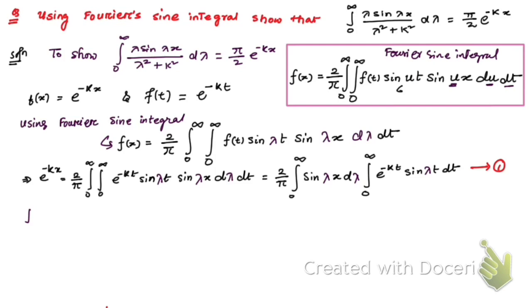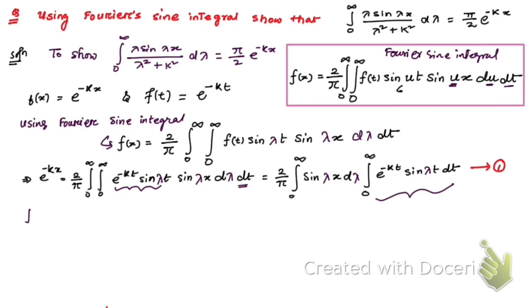Now here I have separated this term like this. What we have done here is I have written the functions of t with dt separately, and here it is a function of lambda.